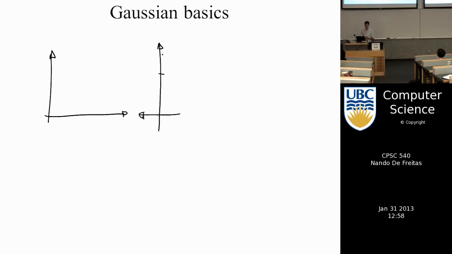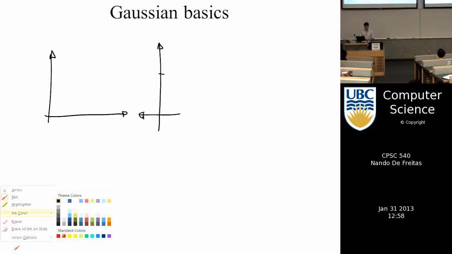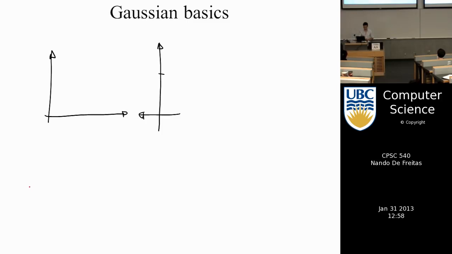I'm going to assume that we have a Gaussian distribution that we want to sample from. So now we're going to do the opposite process. Before, we had points and we were trying to figure out the curve. Now we're going to assume we have the curve. In other words, we have the mean and the variance, which is enough to plot the curve, to reconstruct the curve. And we're going to try to produce data.